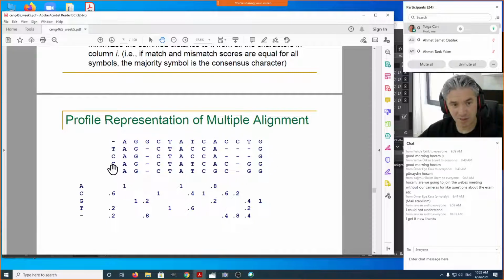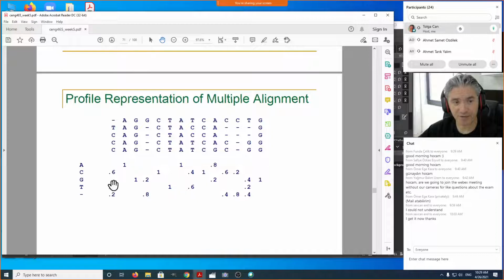Look at these 5 multiple sequences. I can represent this as a single sequence by saying in the first column I have 60% C, 20% T, 20% gap. So we already know a way to represent this multiple sequence alignment as a profile.